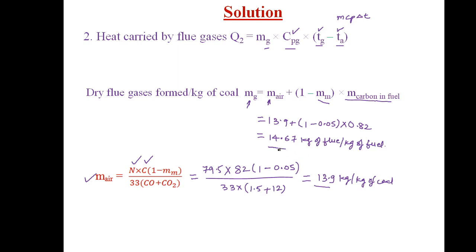Now we know mass of gases, so we can come to this equation. Mass of gas is known, that is 14.67, into specific heat of gases, which is specified in this problem itself as 1, into temperature of hot gases Tg. The flue gases are coming out at 260 degrees Celsius, minus 30 degrees Celsius, which is ambient temperature.